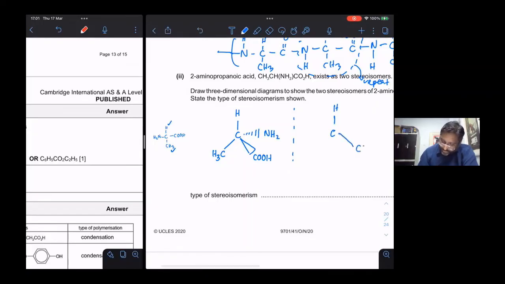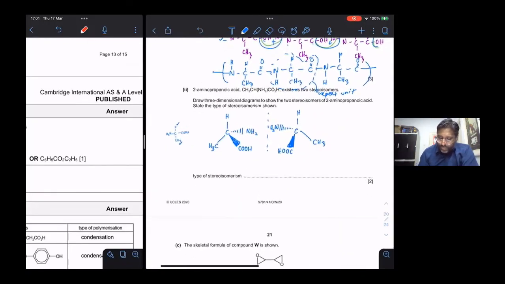Yeah, just go here, then CH3. This one, if the mirror, if it is coming here to here, so of course this one has to come over here. And then you just put COOH, and then here NH2. Okay, so this is going to be the 3D diagram. Okay, and then the type of isomerism, optical isomerism.